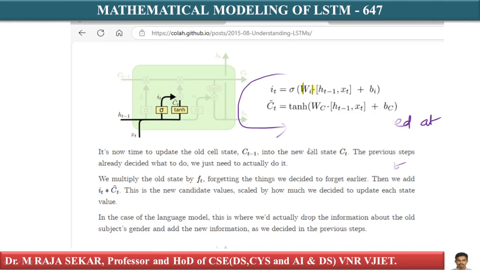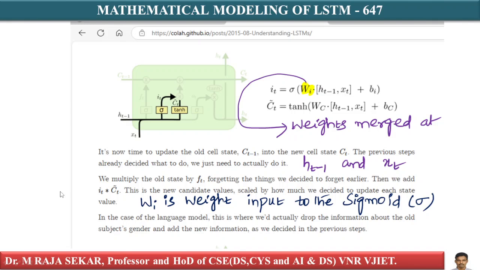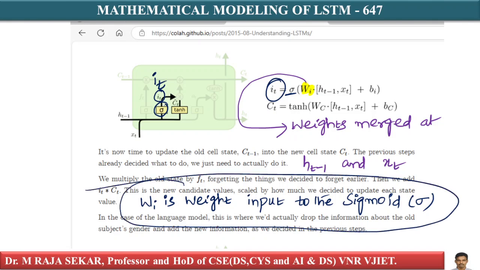These two parts are completed. What is my it? Just see, it is sigmoid of Wi. Wi is the weight input to the sigmoid, isn't it?